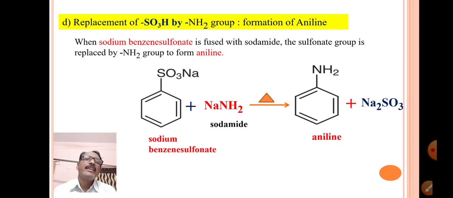We can write the statement here: when sodium benzene sulfonate is fused with sodamide, the sulfonate group is replaced by NH2 group to form aniline. Here sodium benzene sulfonate is obtained from benzene sulfonic acid plus NaOH, as we had seen in the first reaction, that is the salt formation reaction.